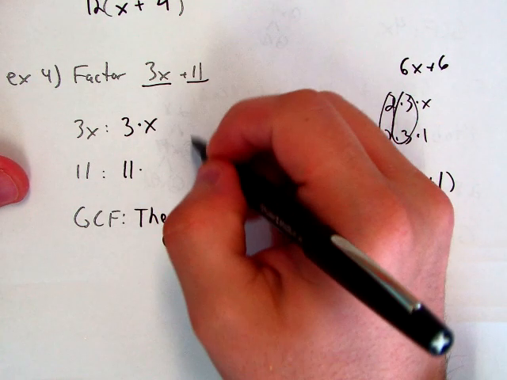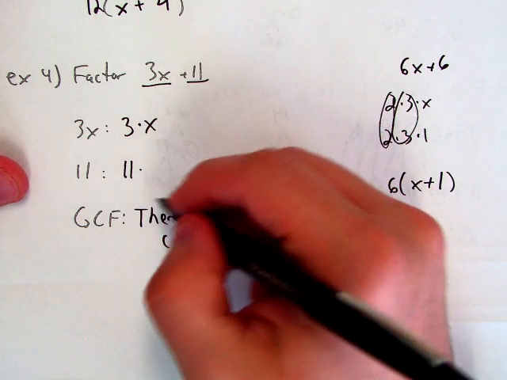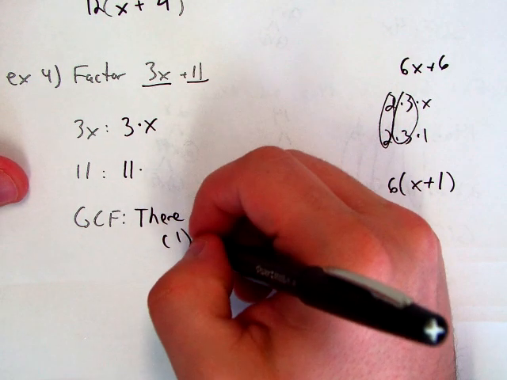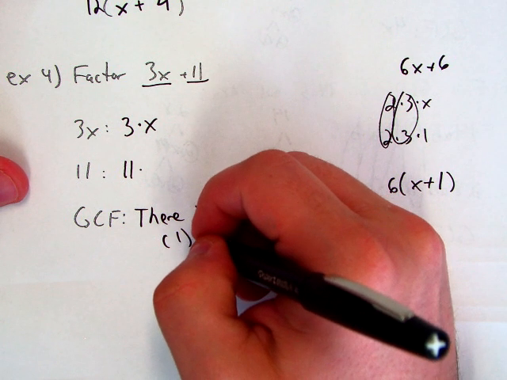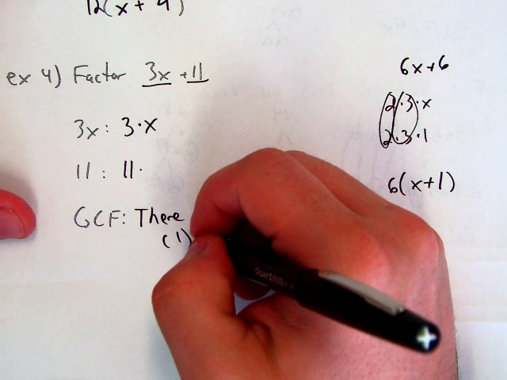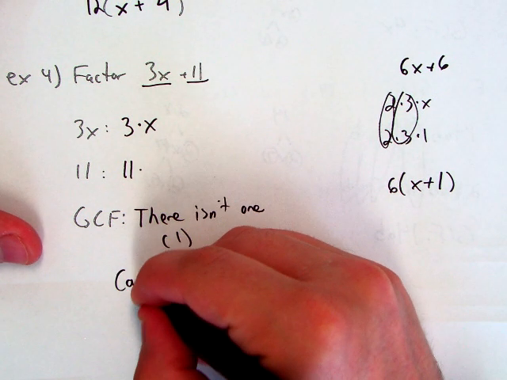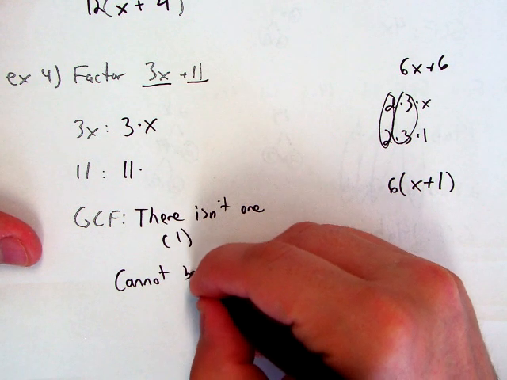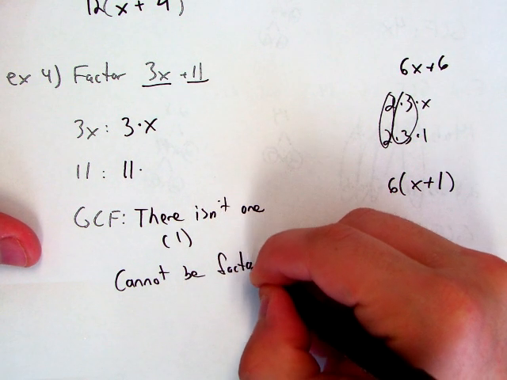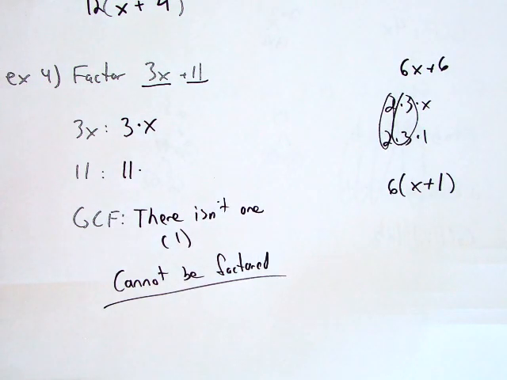Which means that when I'm factoring a problem where the greatest common factor is 1, there is not another factor that is common between them, that means that this cannot be factored. And that's okay. Sometimes expressions can't be factored. And if that's the case, all you'd have to do is write down cannot be factored.